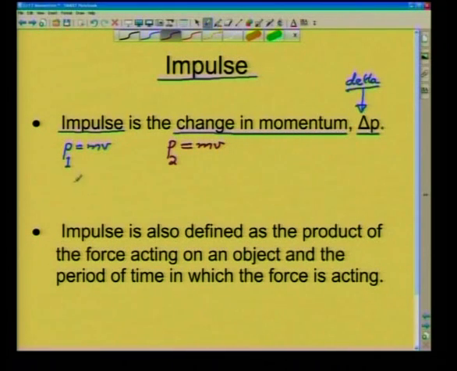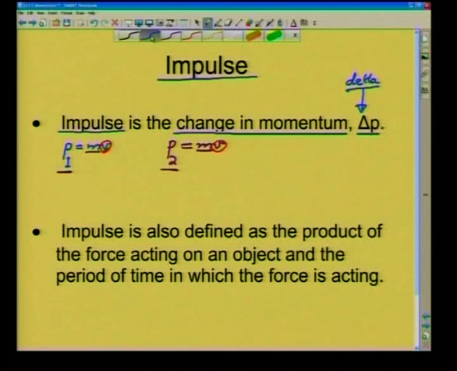But then the question is, what has effected the change from momentum 1 to momentum 2? Okay? Now, if you check carefully, if we are looking at the same object, say the truck we spoke about, the mass of that object will remain constant. Now, if there has been a change in momentum, it means that change would have been effected by this value here, the velocity. Okay?